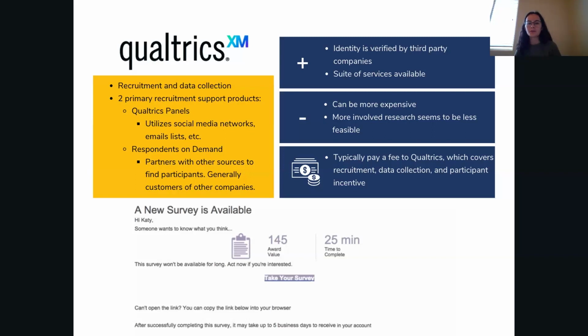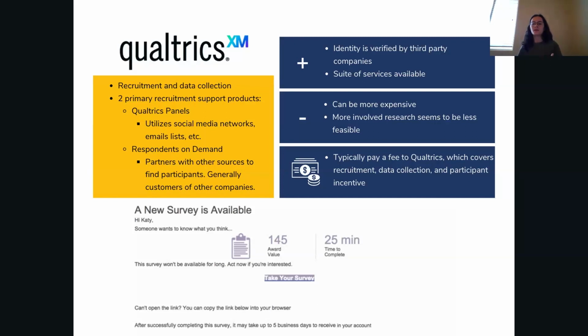But with Qualtrics, you are going to be paying a base fee to them, which will cover the recruitment, the data collection if you choose that service, and then the participant incentive also. So when participants do your study, they are offered a certain incentive. So you can see in this screenshot here, this participant, Katie, is being offered 145 award value points.